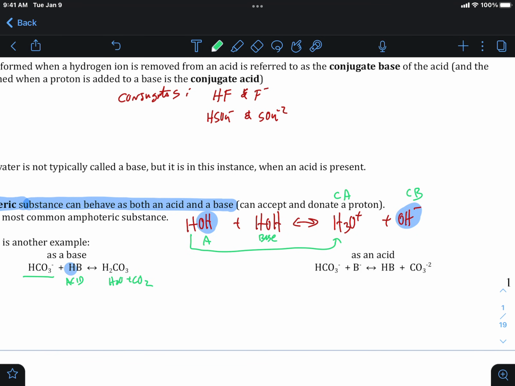What about if there was a base spilled instead? Well, then I would take my bicarbonate, and the bicarbonate would be the proton donor.